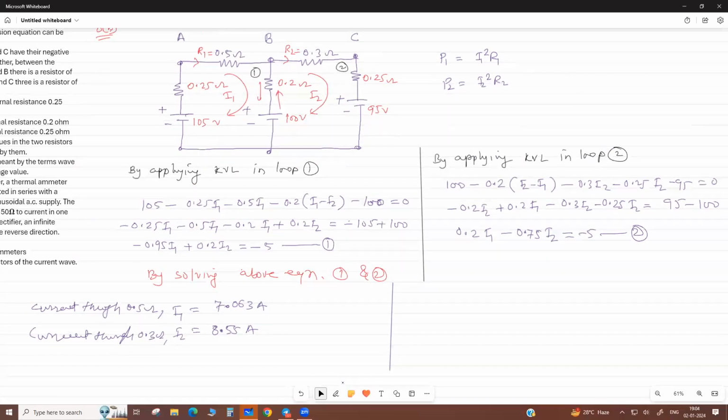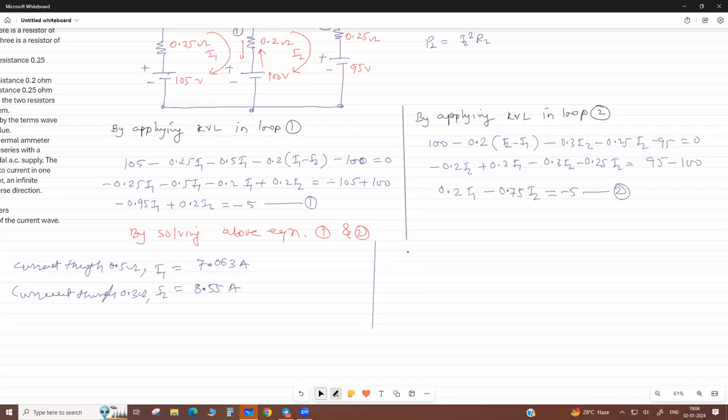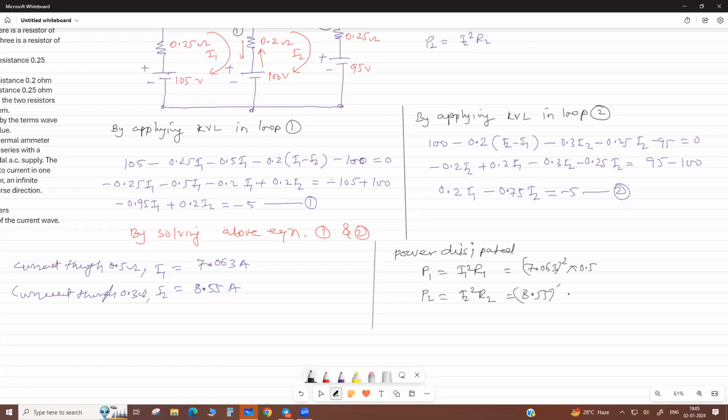Now the power dissipated. P1 is I1 squared R1, P2 is I2 squared R2. That is 7.063 squared into 2.5, and 8.55 squared into 0.3.